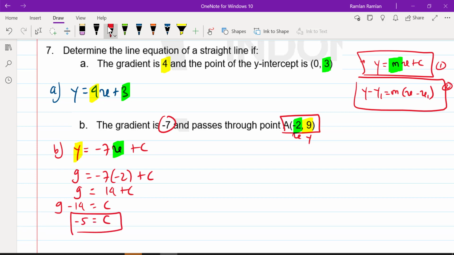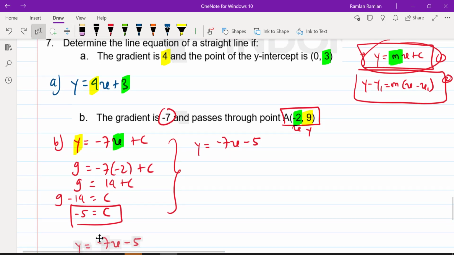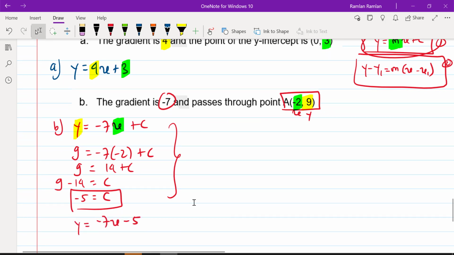Which means the line equation in this form will be y equals -7x - 5, because we only need to substitute c by -5. That's it. I'm going to move this here a bit. This is going to be the final answer for this question.